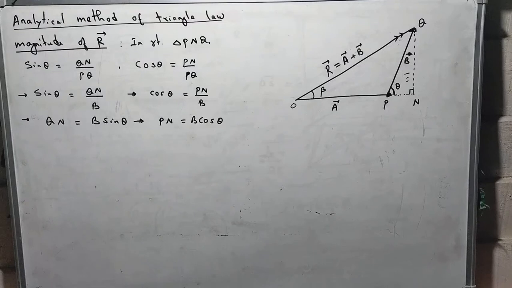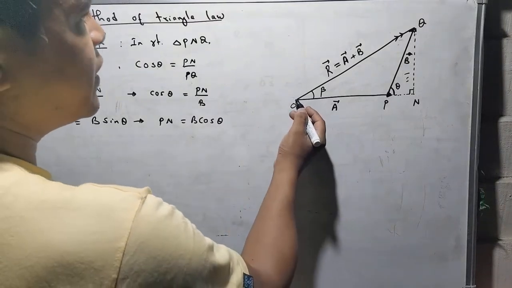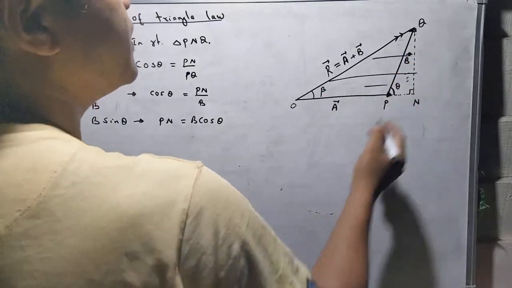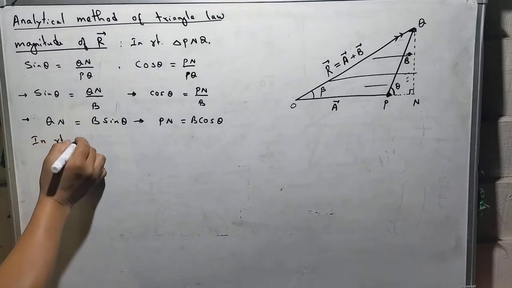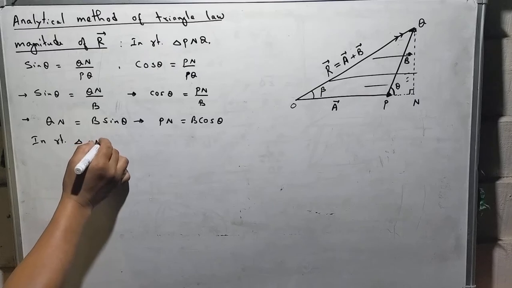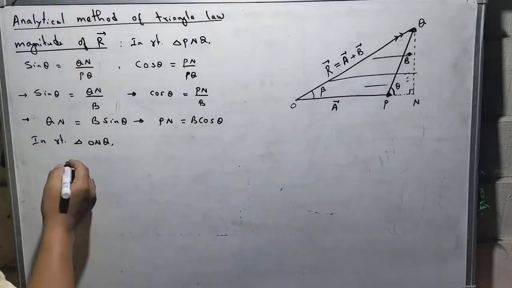Next, now I will apply the Pythagoras theorem in the right angle triangle ONQ. See this right angle triangle? So in right angle triangle ONQ, the hypotenuse here is OQ.